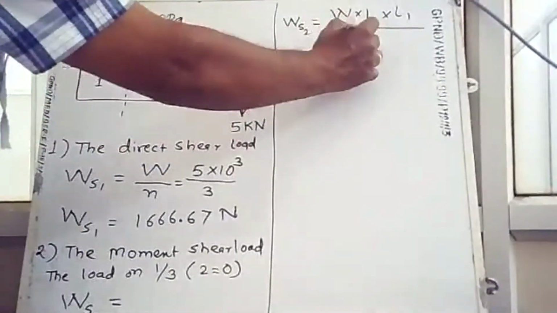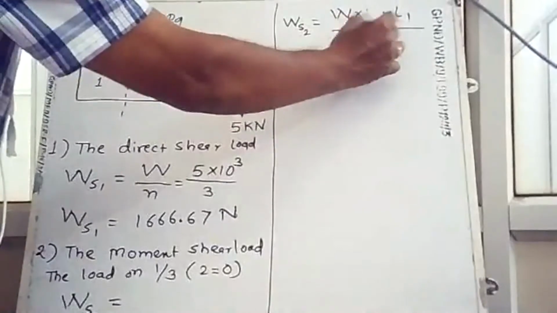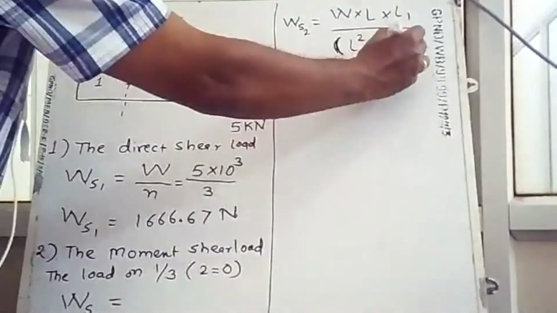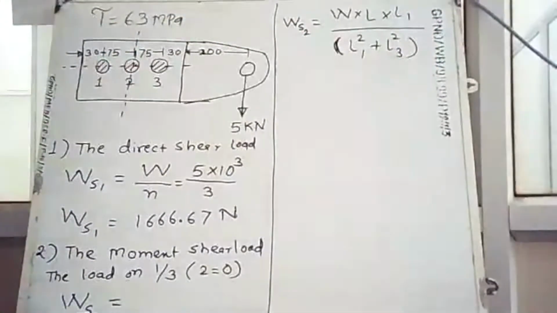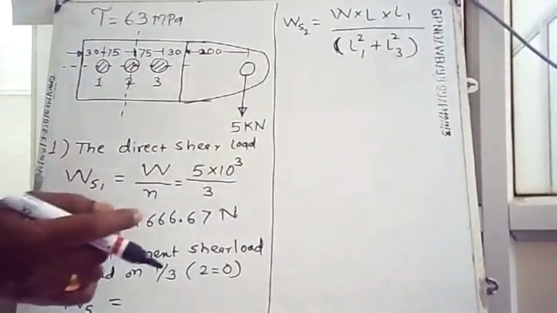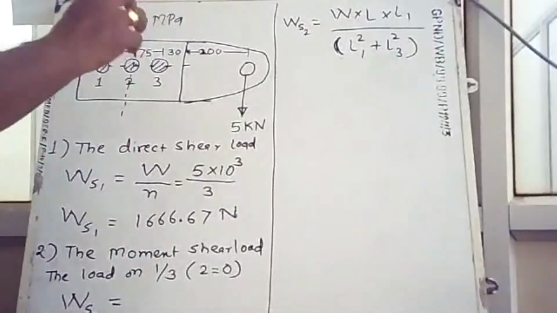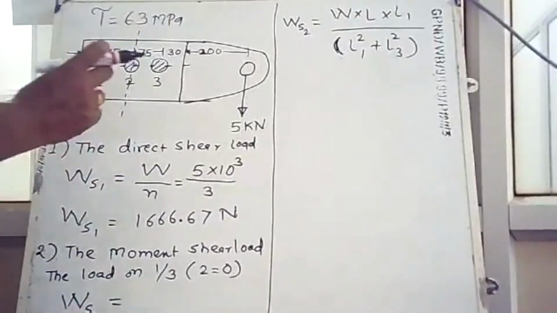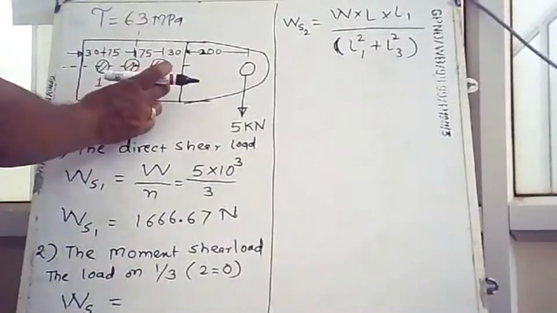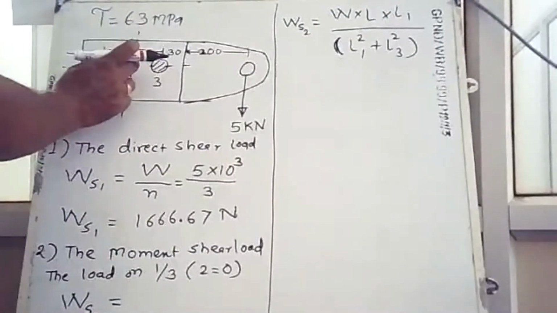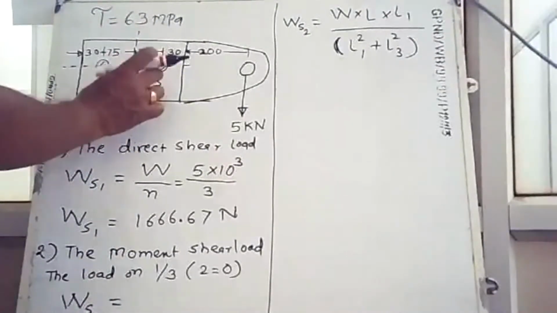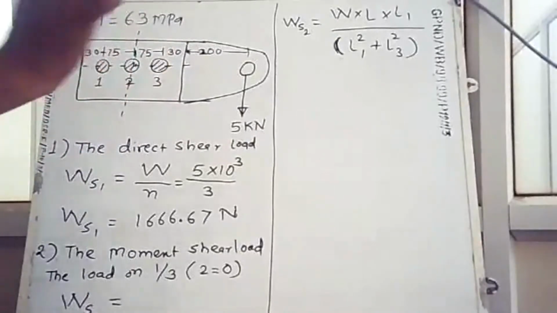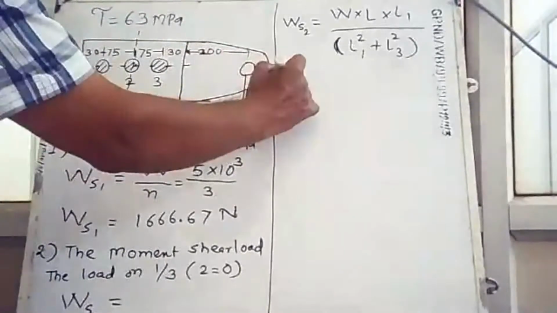Here only two radii are there, L1 square and L3 square, because for L2 the radius is 0 or there is no turning. So this is the equation. There is a turning radius about this, so it is only for L1 and L3.